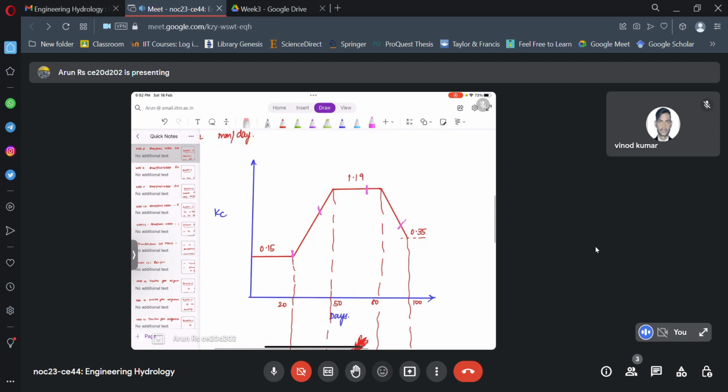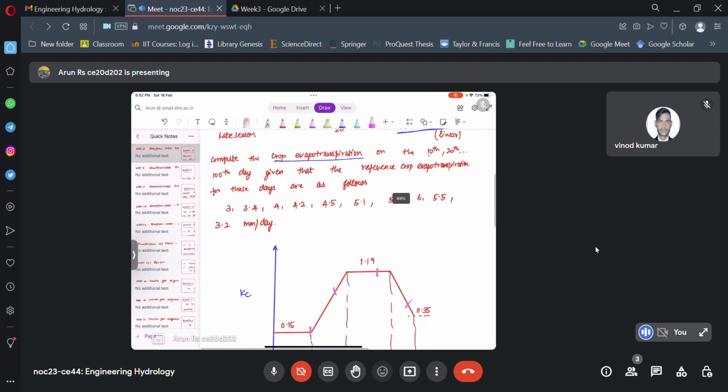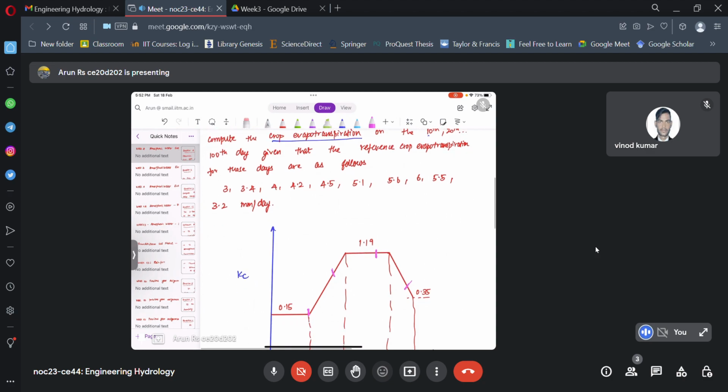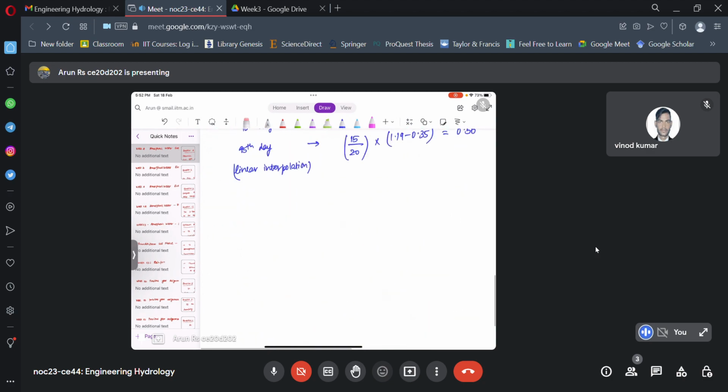Part B of the question, we need to compute the crop evapotranspiration and they have given the reference ET. So the expression is ETc, this is your crop evapotranspiration, equal to ET naught, this is your reference evapotranspiration, multiplied by your crop coefficient.